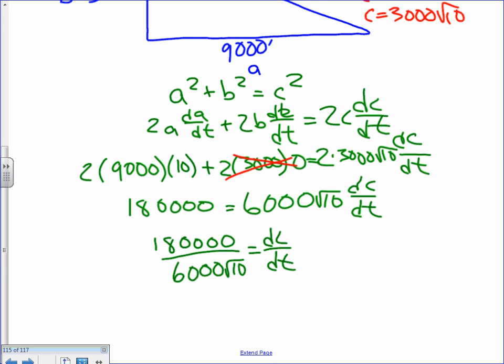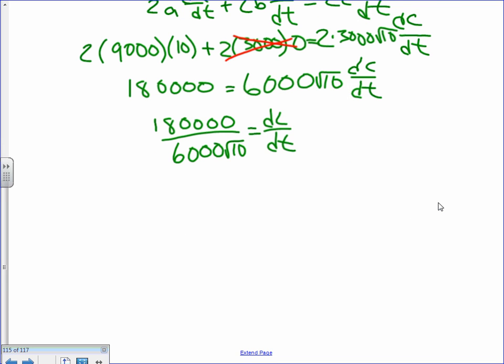Now we go ahead and simplify. We can simplify, first of all, with factors of 10. There's a factor of 10, a factor of 10, there's another one, another one. 6 and 18 become 3 and 1.